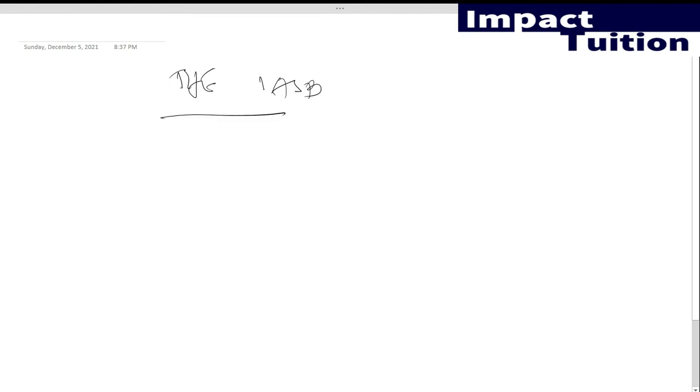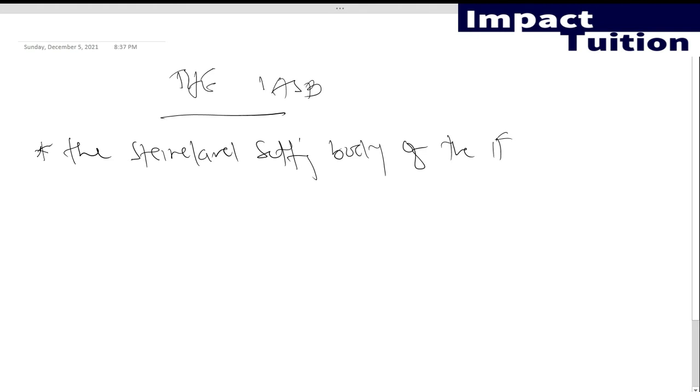And the IASB is the International Accounting Standards Board. This board is the standard setting body of the IFRS Foundation.